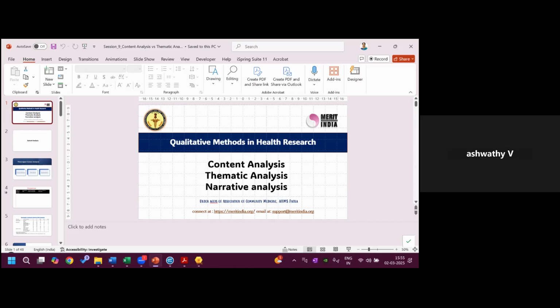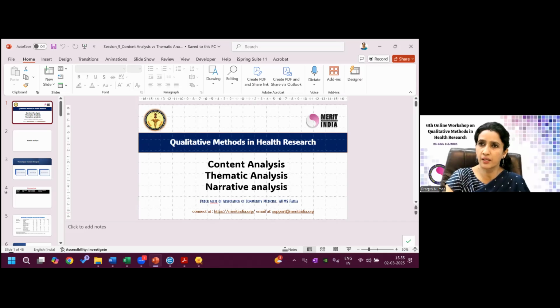Ma'am, as we start data collection, we realize which design the study best suits. In that case, how do we propose a budget? Budget doesn't change with the type of study, does it?